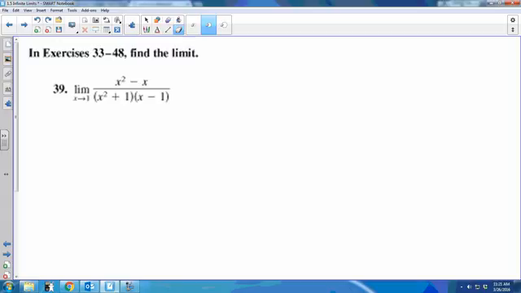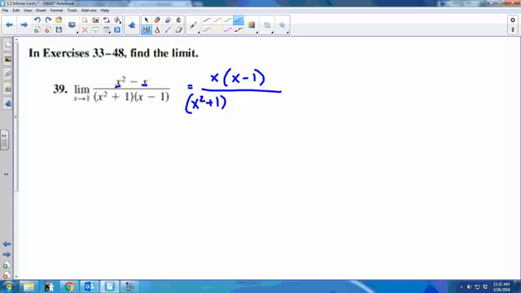In this function, x squared minus x can be factored; there's an x in each term, so I've got x times x minus 1. In the denominator, I have x squared plus 1 and x minus 1. So I can cancel out the x minus 1 factors and I am left with x over x squared plus 1.